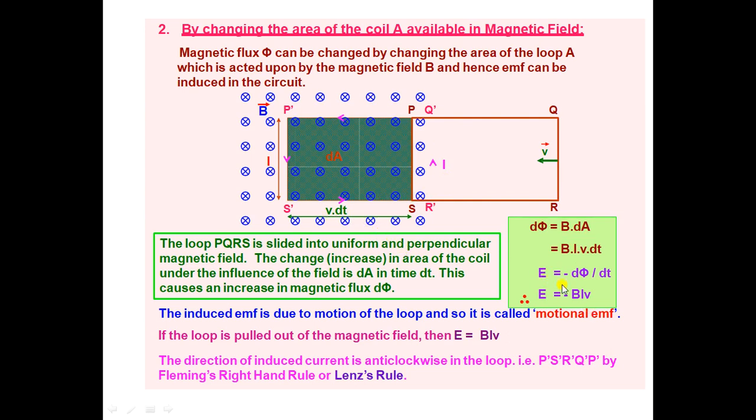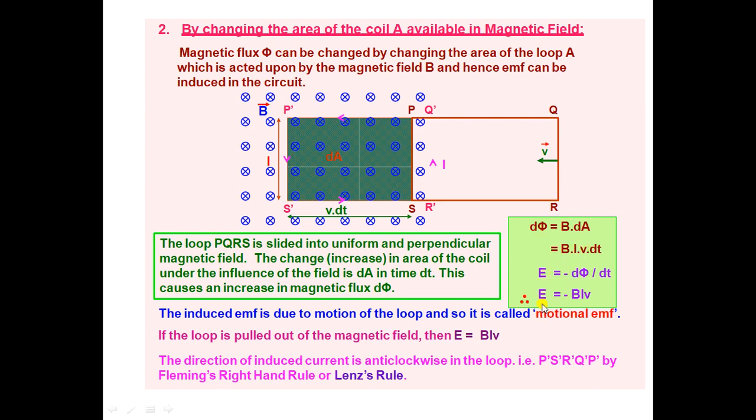But we know that the EMF is equal to minus d phi by dt. Here d phi is equal to B L V dt. Taking dt to this side, d phi by dt is equal to BLV.